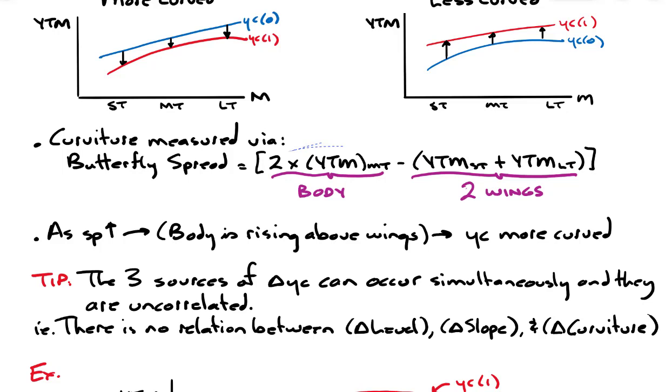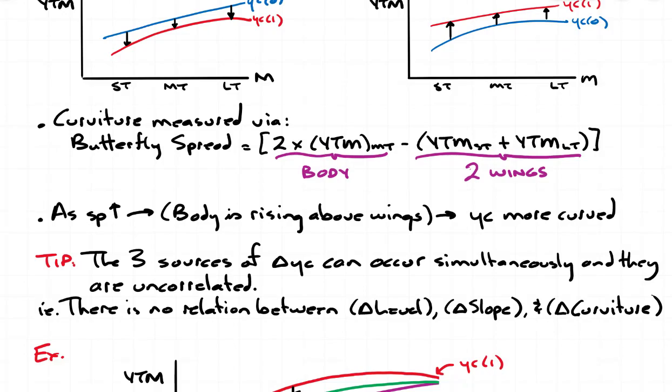So if this component is decreasing less, you could see that right here, but the wings are actually decreasing more, then that too would cause the spread to increase. So just looking at this and plugging the changes in yield from that diagram into this algebraic framework, you could see that the spread would increase. And of course, if the spread is increasing, it would indicate that the body, the middle, is actually rising above or is higher relative to the wings, and therefore the yield curve is becoming more curved.